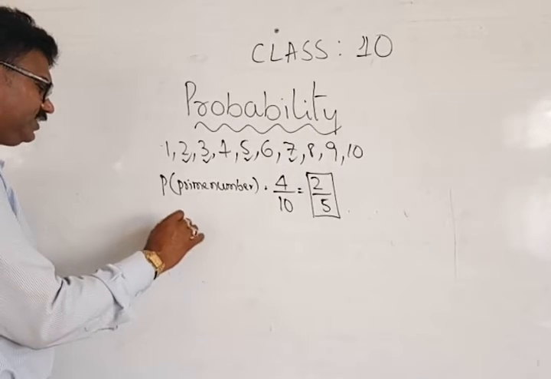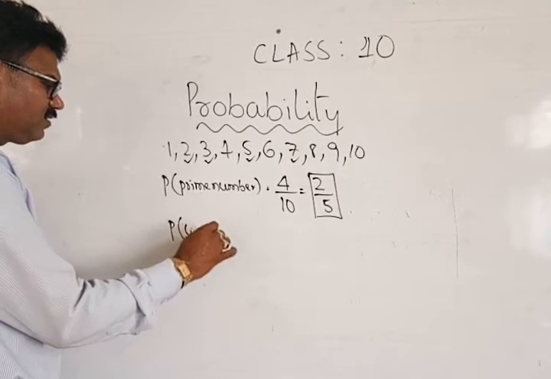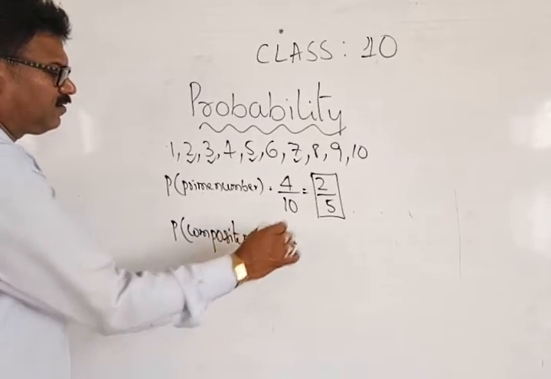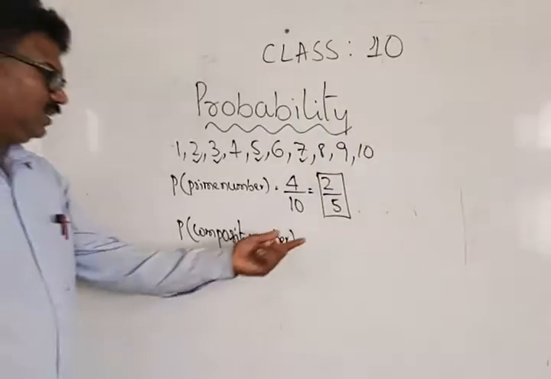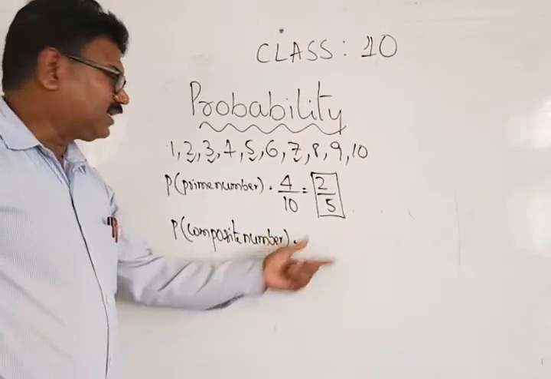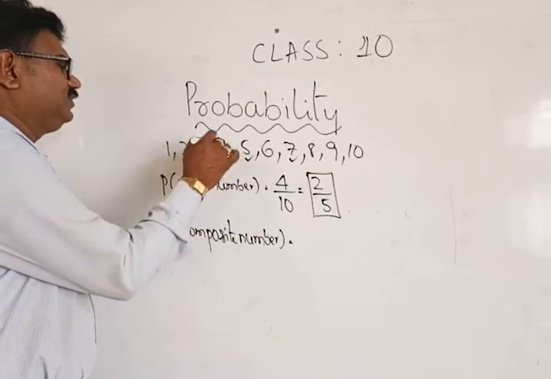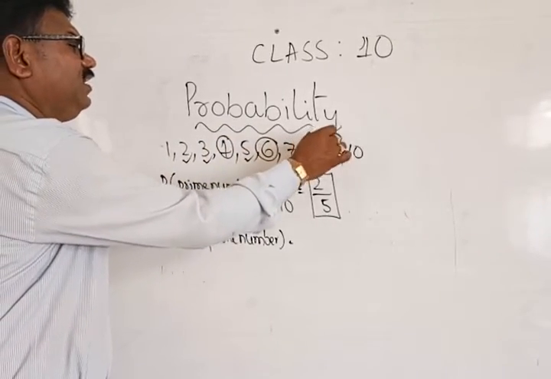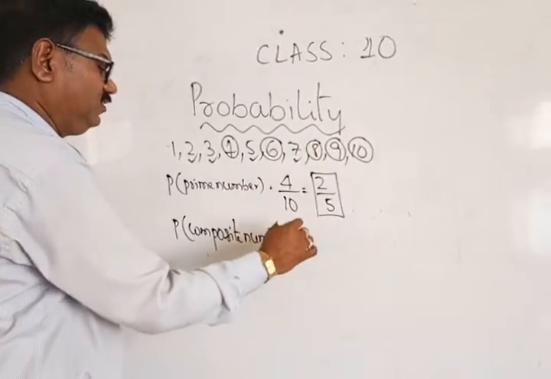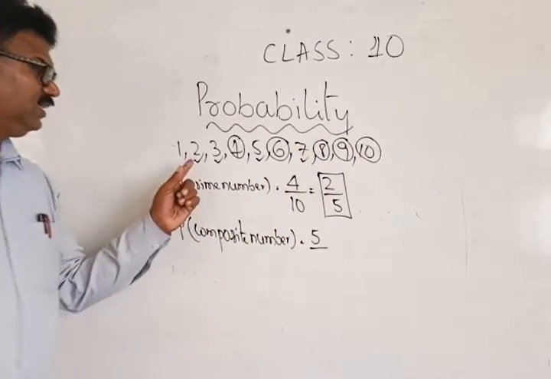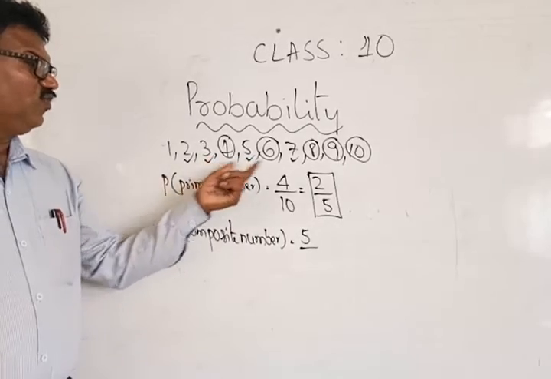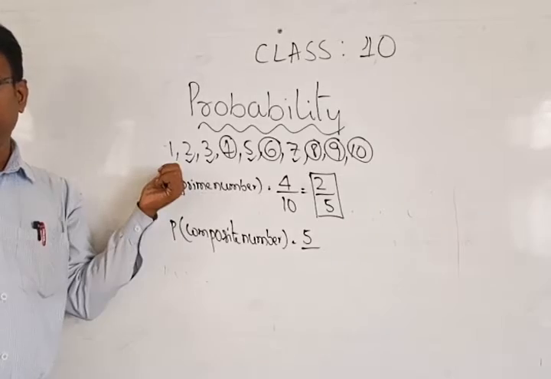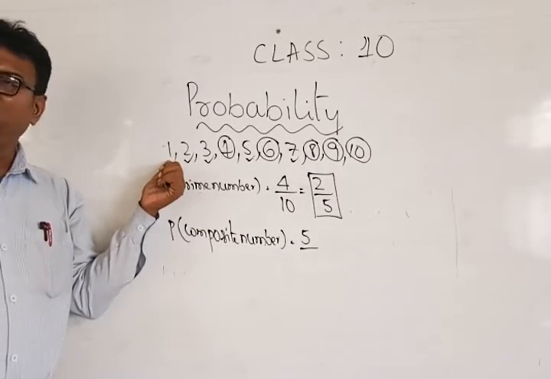Next, probability of a composite number. Now say, how many favorable outcomes? How many composite numbers? 1, 2, 3, 4 and 5. Because these 4 are prime numbers and 1 is not a prime number and not a composite number also, because it has only one factor.